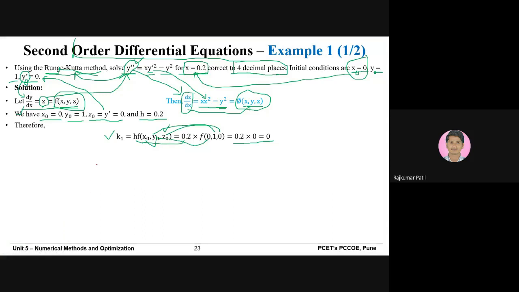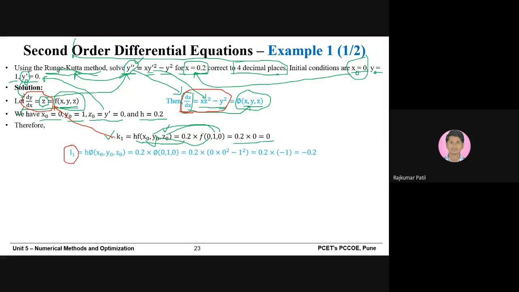Now this k1 is related to your first order differential equation, that is dy by dx is equal to z. So this is very important. Now similarly, we need to find out a value for first order differential equation, that is second equation, and we will consider a notation L1 for that.